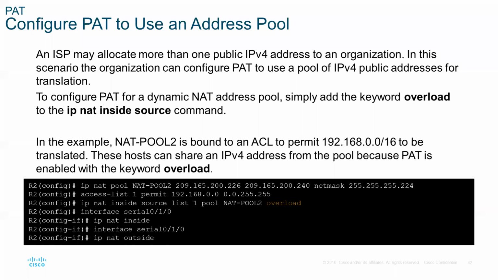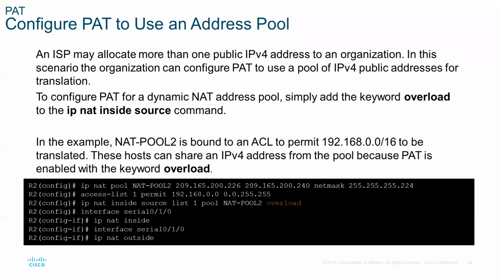Here is the same command but being applied to a pool scenario. So we create the pool just like we did in the last example. We apply the access list again, and this time the NAT command is the same as the pool command, except for the last keyword, which is overload.